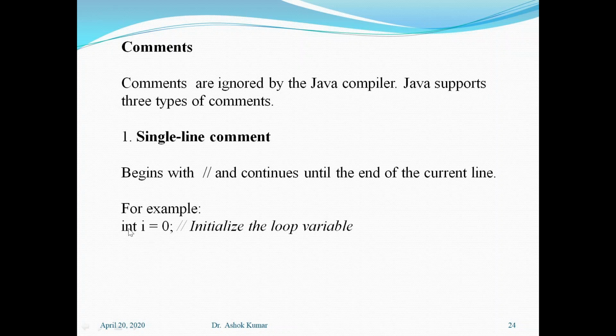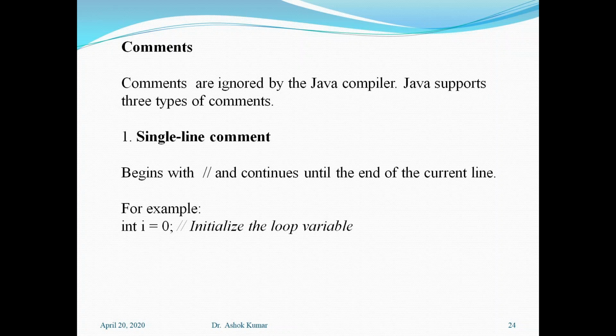For example, over here I'm using the integer variable i, and I have put a description of this line over here. These comments are basically used to improve the understanding of the program. So these are single line comments, that means the comments can be of one line.